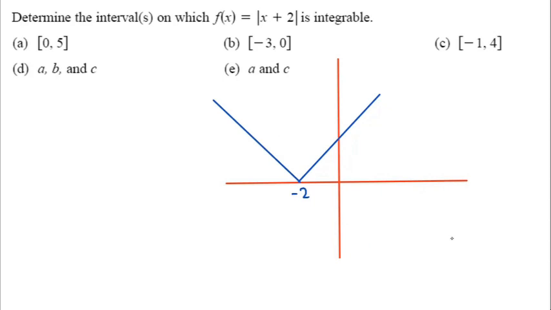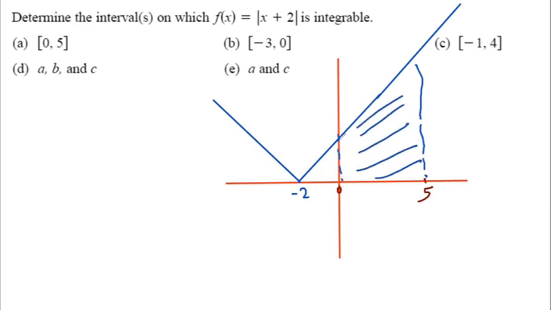It says, is it 0 to 5? So this is 0 and this is 5. Of course, this line extends forever, and in the other direction. So from 0 to 5, it says integrable, so we can find the area between 0 and 5. Of course, we can find that area, no problem.